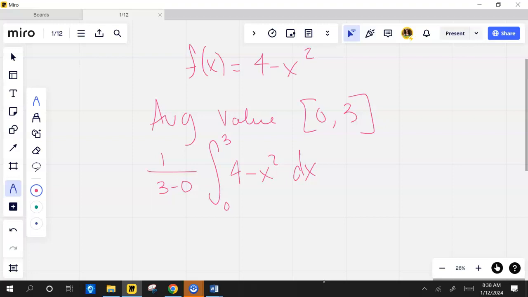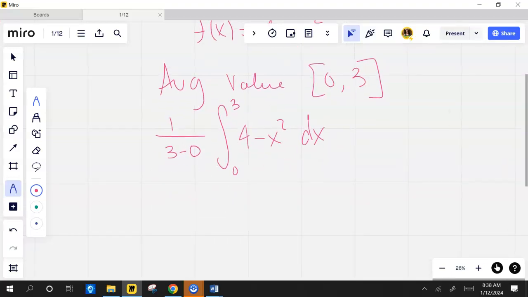You do have the antiderivative. So it's 1 over b minus a times the antiderivative of, so we're going to do 1/3.